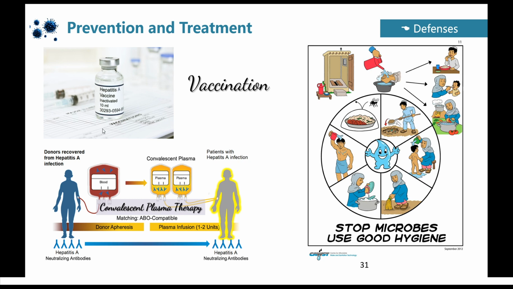So, bale, kapag merong individual na naka-recover from hepatitis A infection, magdodonate siya ng blood, and then kukunin yung plasma in particular kasi nasa plasma yung antibodies. And then yung plasma ng donor, ibibigay sa isang patient who is currently infected with hepatitis A. Okay, so there is transfer of the antibody.